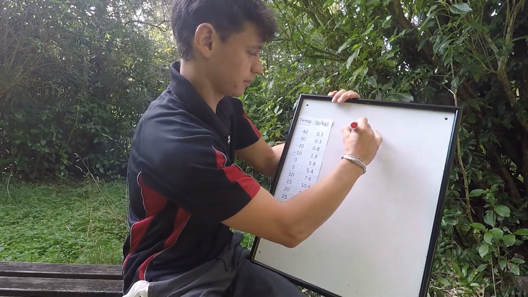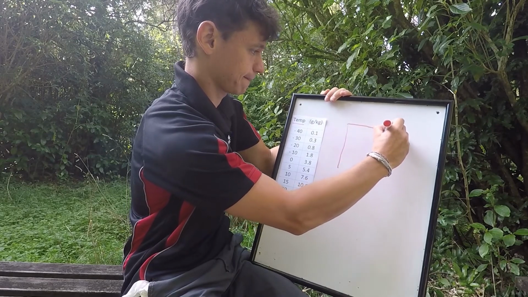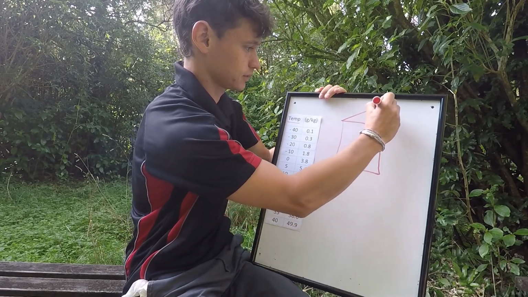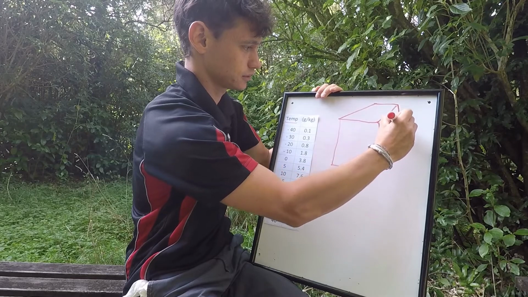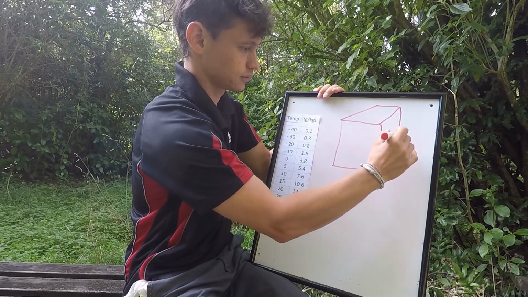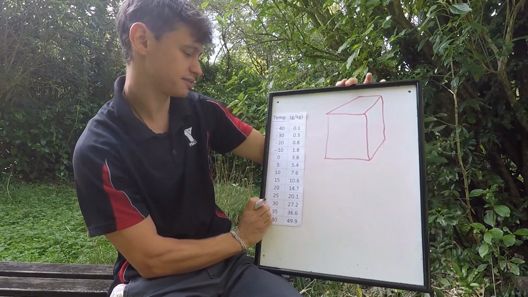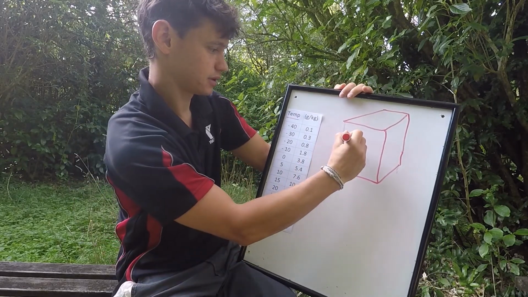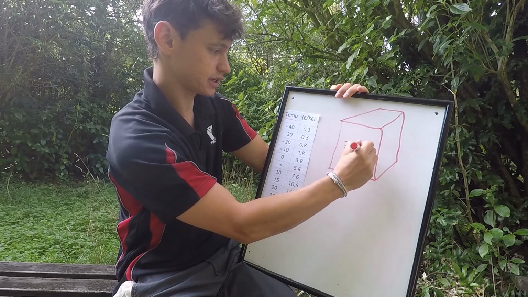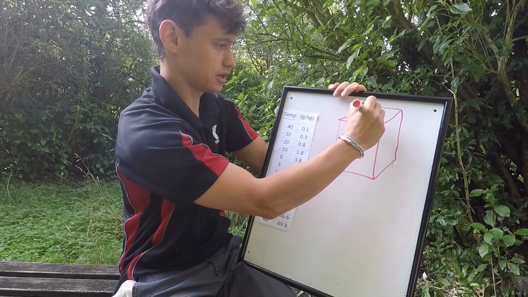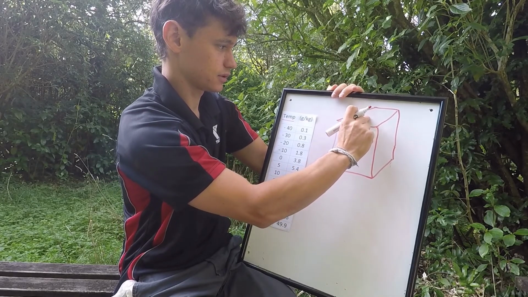So I'm going to draw another box. Awesome. And let's just say inside this box we have 7.6 grams. This is a kg.